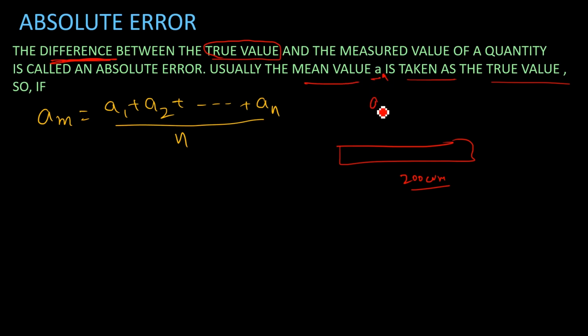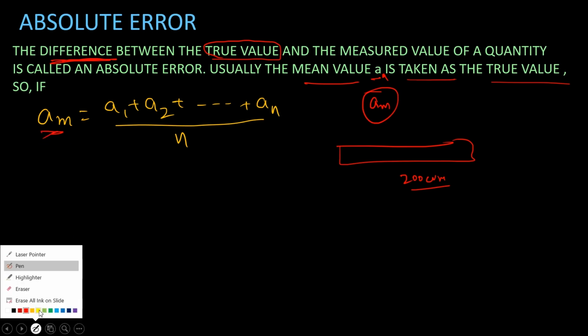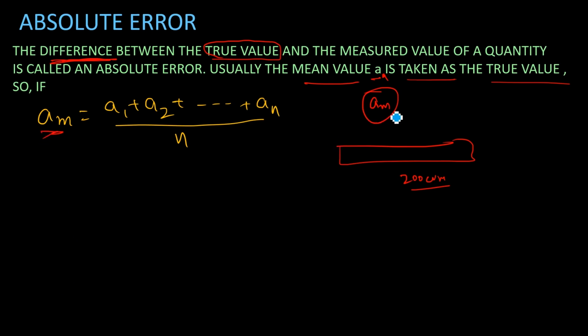So a_m equals a1 plus a2 and so on up to an, divided by n. Now we find the difference between a_m and the measured values, which are a1, a2, a3 and so on.